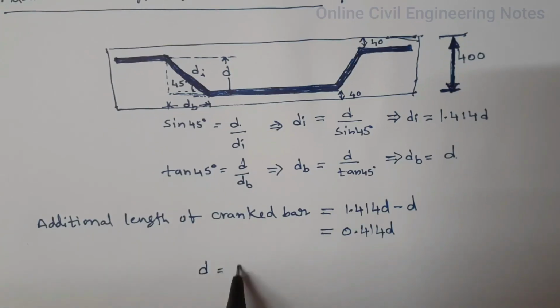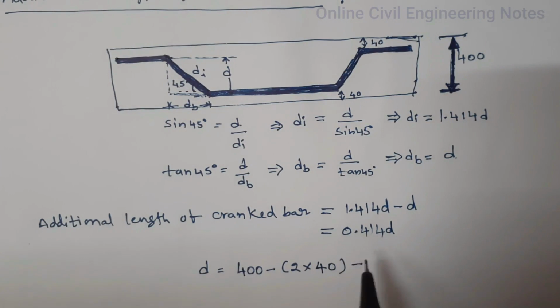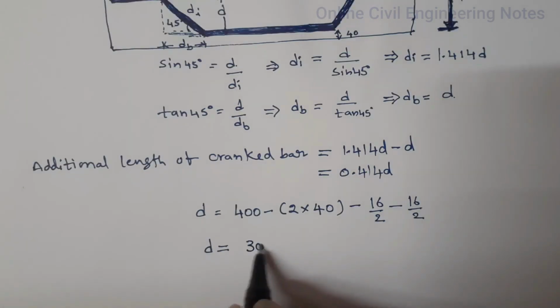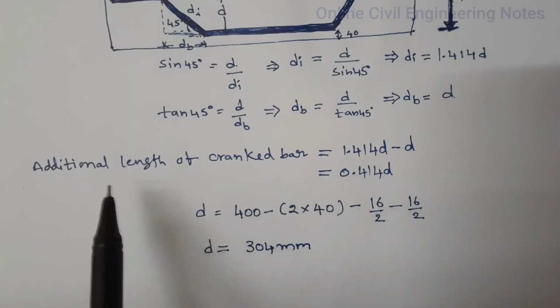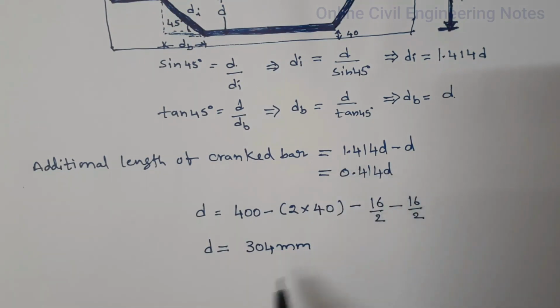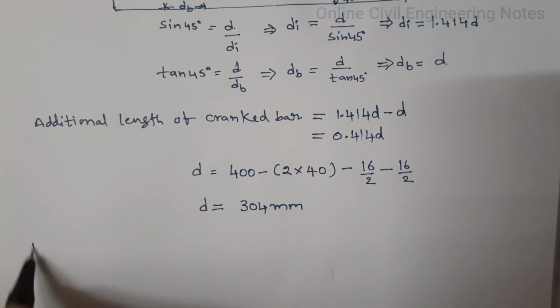D is equal to overall depth of the beam minus 2 times the cover minus crank bar diameter is 16 mm. So half of dia on the top side and half of dia on the bottom side. Therefore D is equal to 304 mm. Therefore additional length of crank bar is equal to 0.414 into 304 mm.